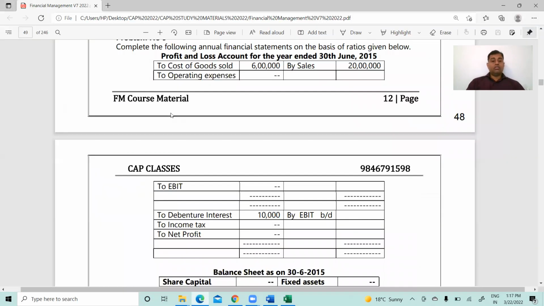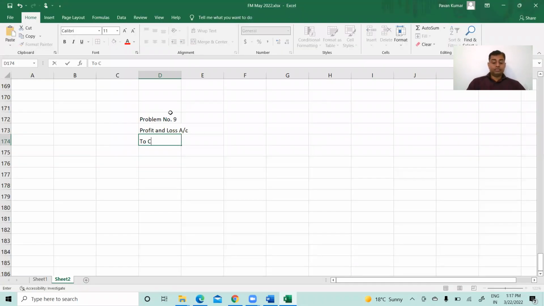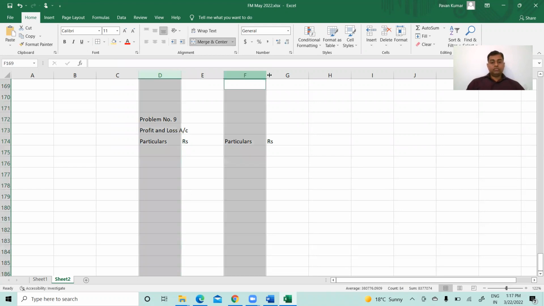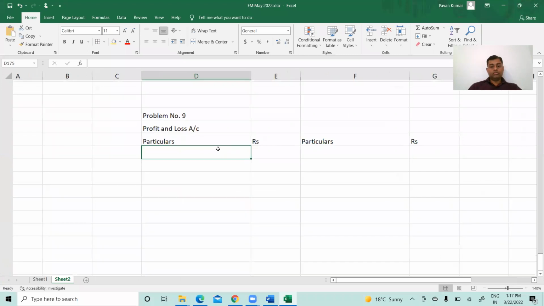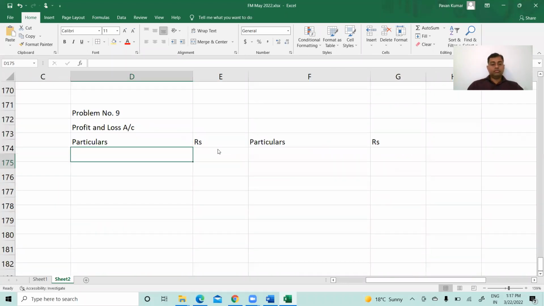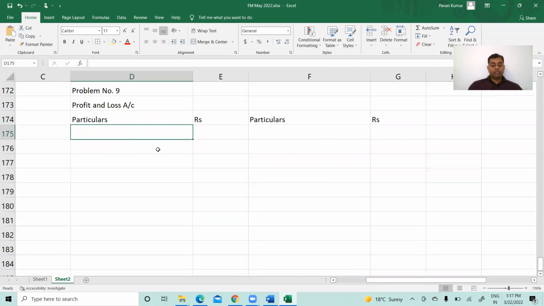In that write down to cost of goods sold 6 lakhs. You can put particulars and rupees.